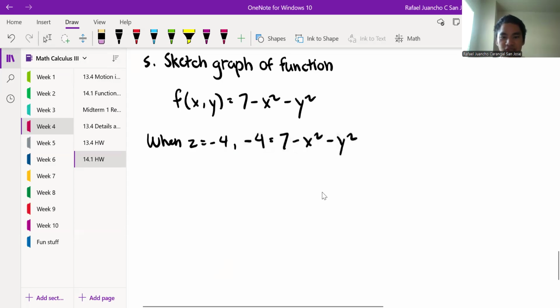I'm gonna quickly write that, see if I get it. If I don't, okay. Oh, I'm not writing anything. So -4 equals 7 minus x squared minus y squared.